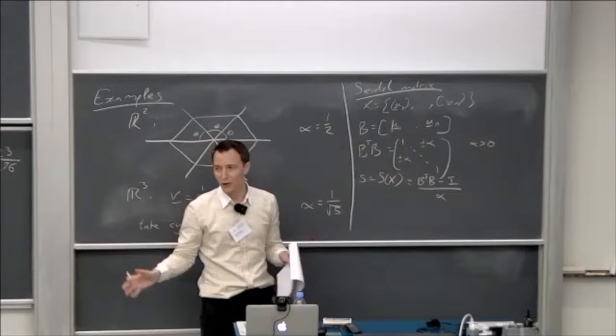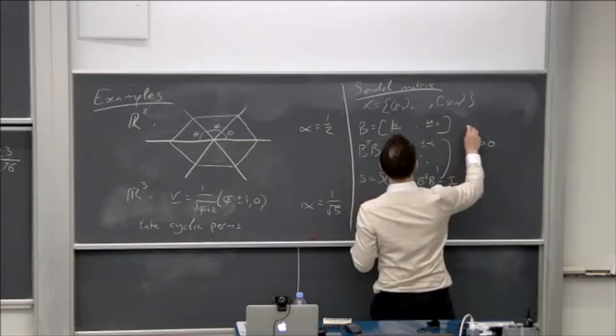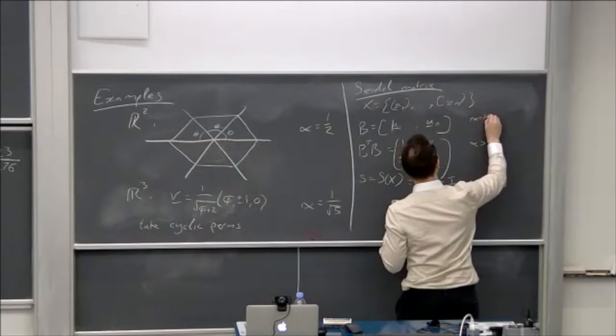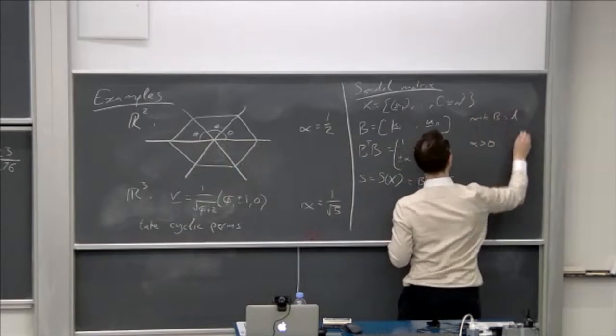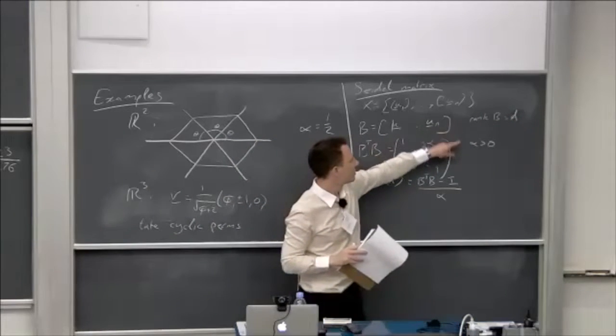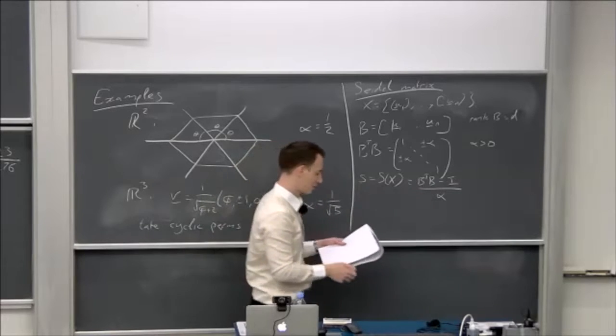This, I claim, is boring. It's just orthonormal bases. I'm going to assume that the rank of B is equal to d, just so I know where these things live. If I do that, then I can extract some information about the spectrum of the Seidel matrix.